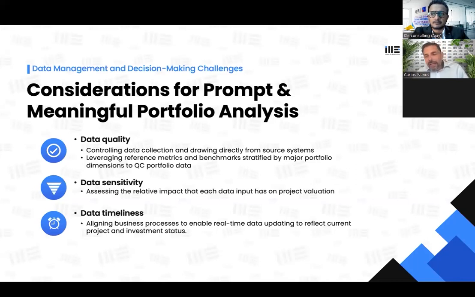So knowing exactly how many patients are recruited on a trial at a particular given point may be useful for the management of clinical trials, but for investing in a particular program, it probably isn't. But is recruitment on track? Maybe. So the sensitivity of the data and the precision of the data that we're looking at really ends up guiding how we collect the information and what information is most useful to ensure quality.